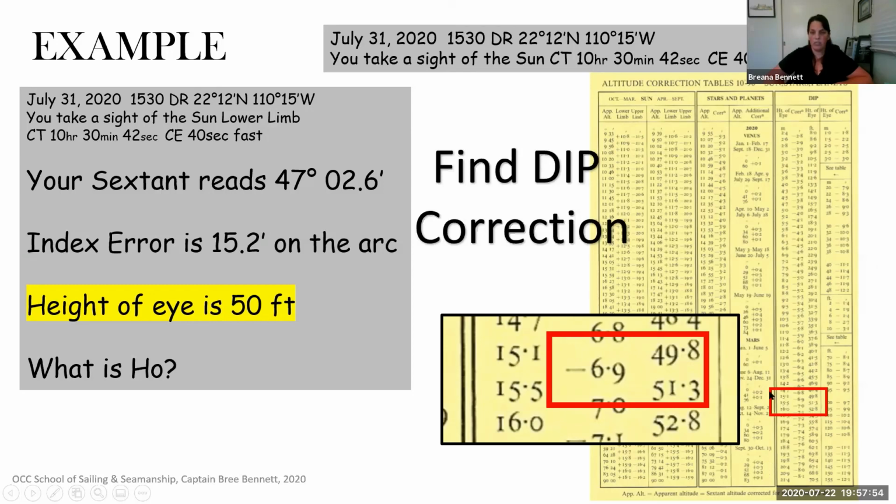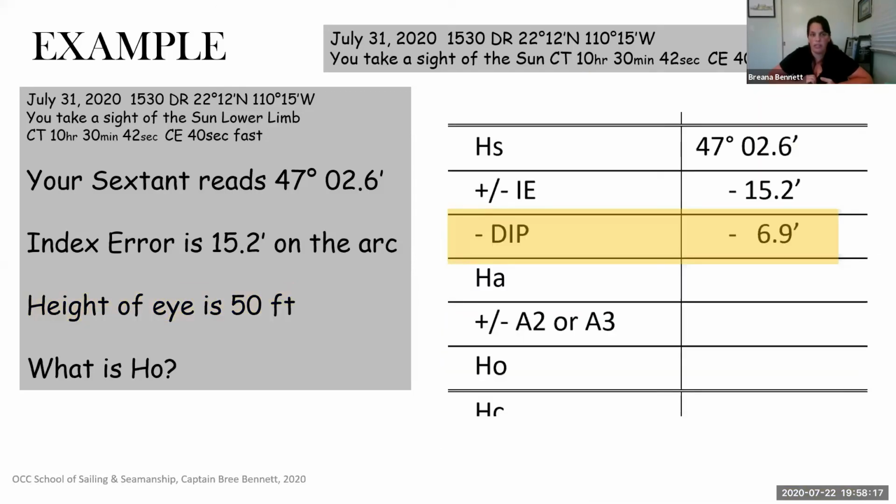So we are in between the 49 and the 51. And we got 6.9. Did everyone find that dip? Well, the height of eye is 50 feet, but the correction is dip, 6.9. Yeah, dip is 6.9.